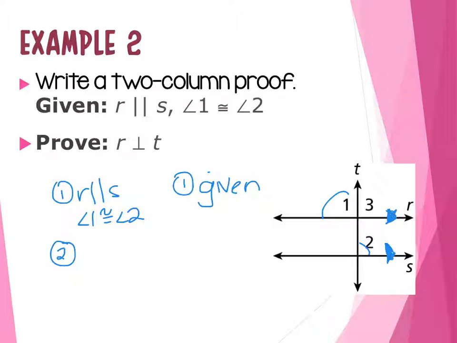What did we say about 2 and 3? They're corresponding. If the lines are parallel, what's true about corresponding angles? They're congruent. So angle 2 would be congruent to angle 3, and that's the corresponding angles postulate.